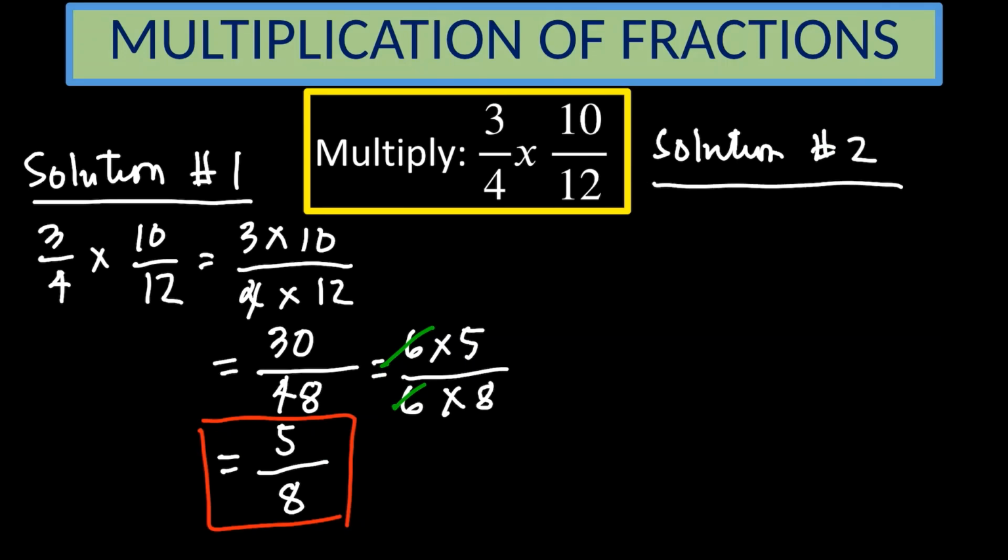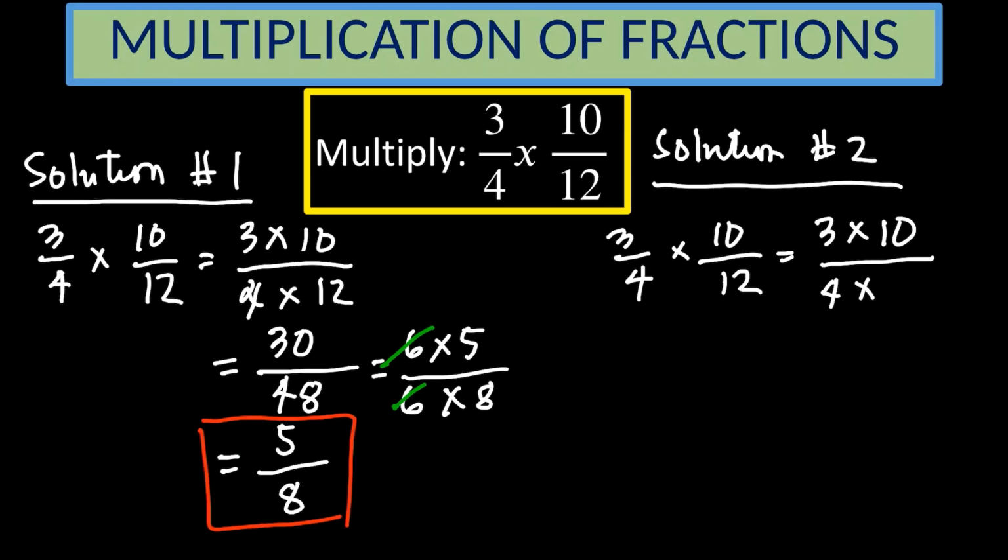Alright, so we have here 3/4 times 10 over 12. So we have 3 times 10, and we have 4 times 12.